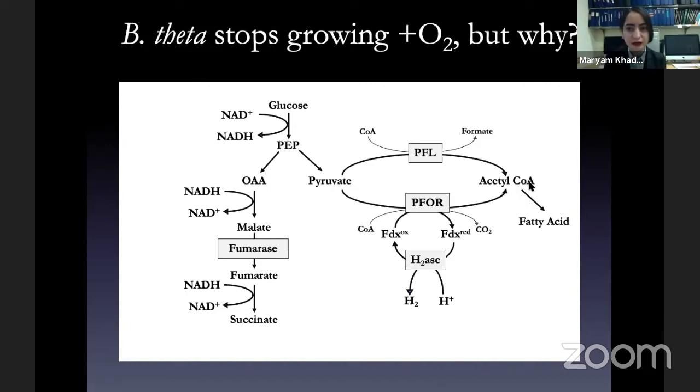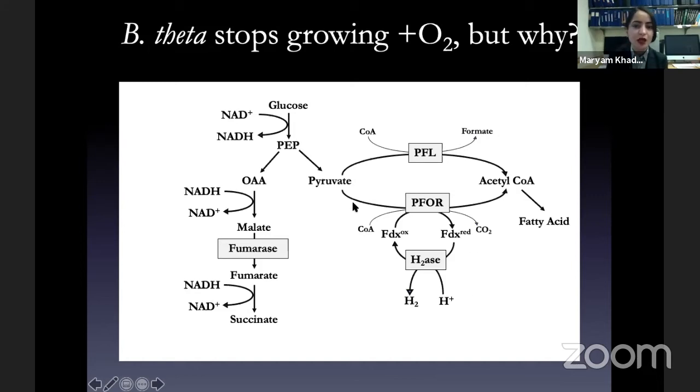On the other branch, we have phosphoenolpyruvate that's converted to pyruvate, and 2 different enzymes can convert pyruvate to acetyl-CoA here. B theta has PFL, or pyruvate formate lyase, that does this conversion. Pyruvate has 3 carbons, and the acetyl part has 2 carbons, and the extra carbon is released in the form of formate.